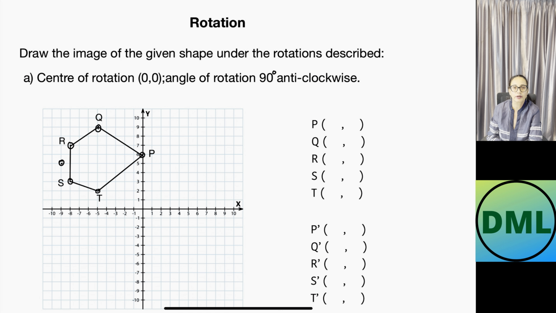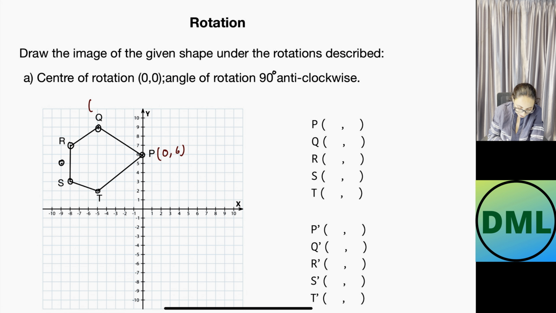First, we have to write down the coordinates of the given figure while looking at the origin here. This is my origin. I have to rotate this figure. Let's write down all the coordinates P, Q, R, S, T. P will be given as 1, 2, 3, 4, 5, 6. This will be 0, 6.